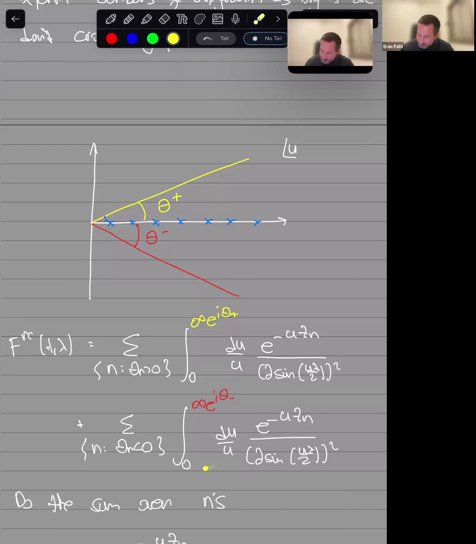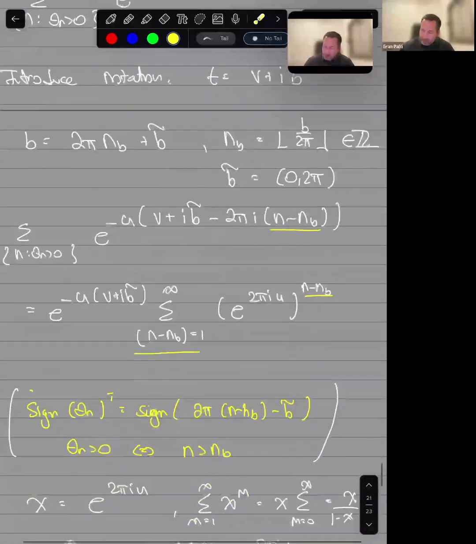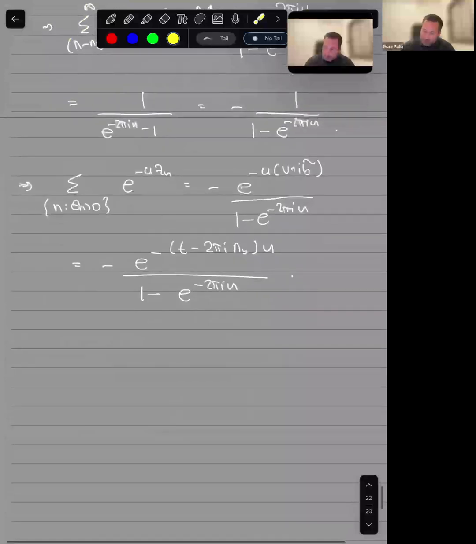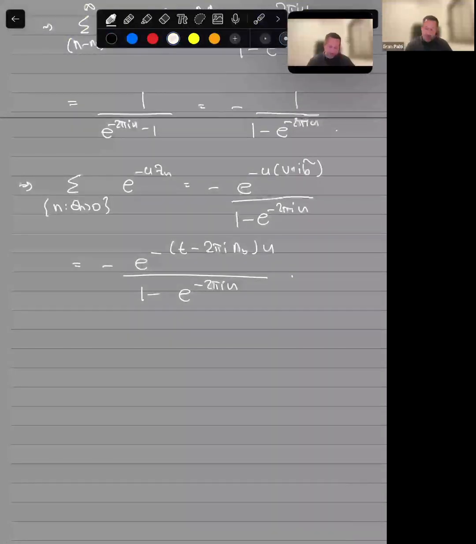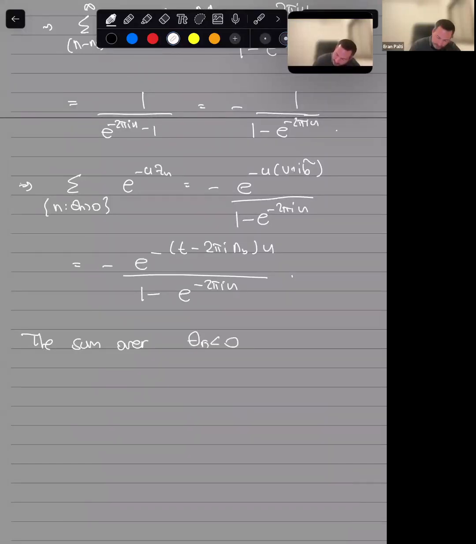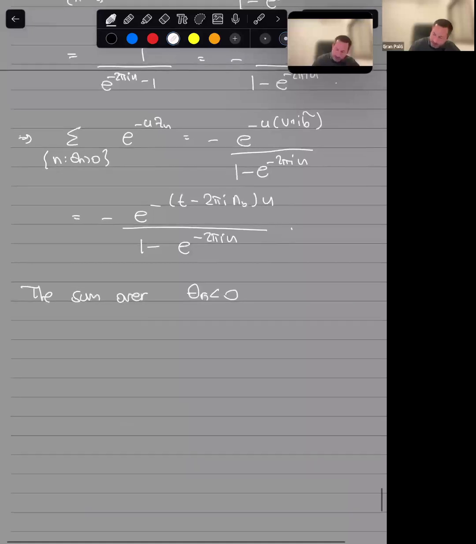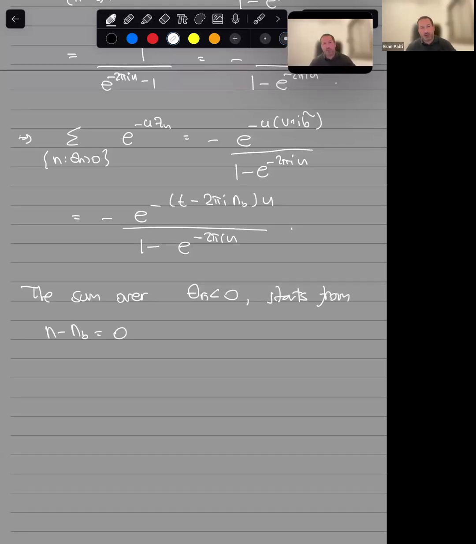That's this part of the integral of this sum here. As you can imagine, the result is going to be very similar, but there is one crucial difference. So the sum over theta n less than 0 starts from n minus nb equal to 0 rather than 1.